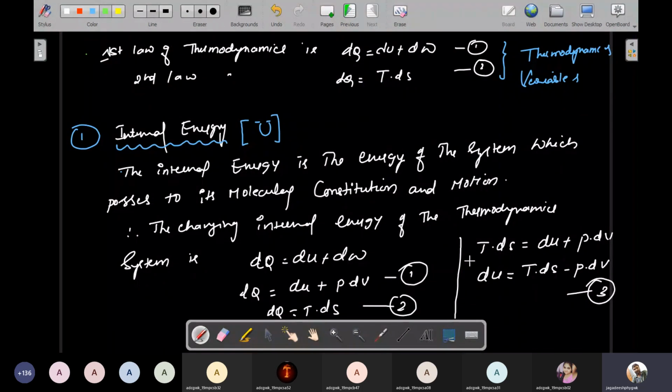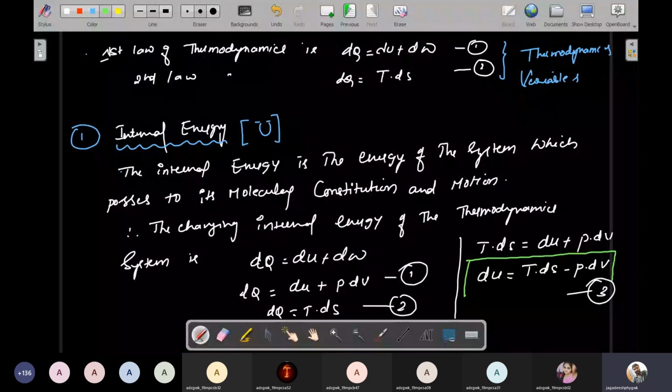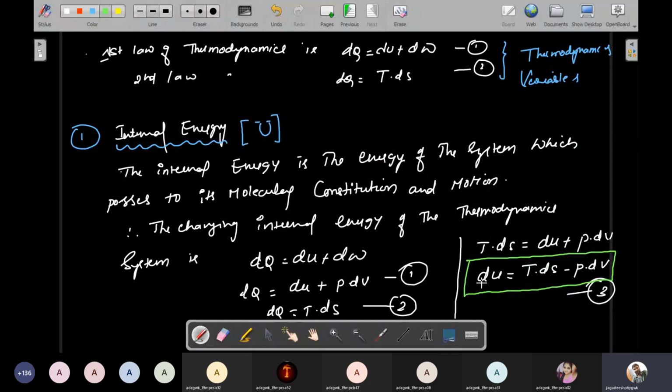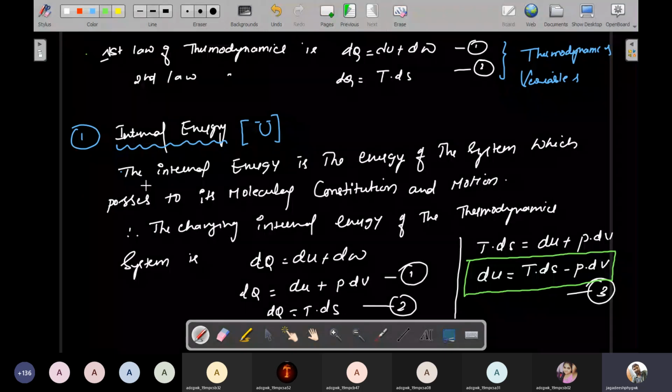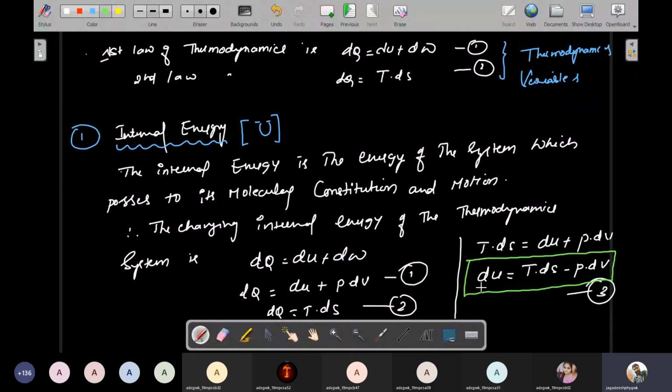This is the most important equation. Right now, I will change this equation and I will get some potentials. Those potentials are called internal energy potential, otherwise the first Maxwell's potential equation. So I will derive the first Maxwell's potential equation. Please students, note, I will move to the next page.